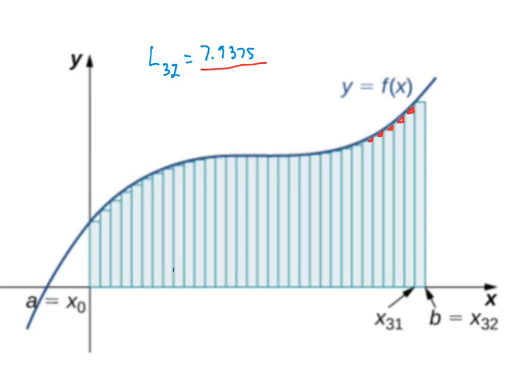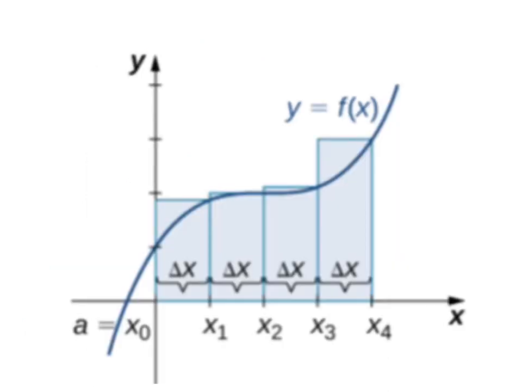Now let's compare this to what happens when we take right-hand subintervals. Okay, so here are 4 right-hand subintervals, so R sub 4. And once again, the function here is f of x is equal to (x minus 1) cubed plus 4.